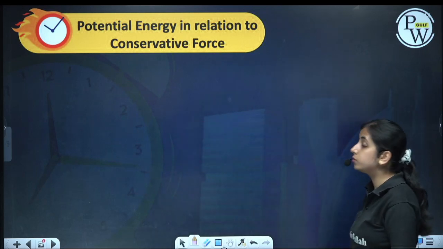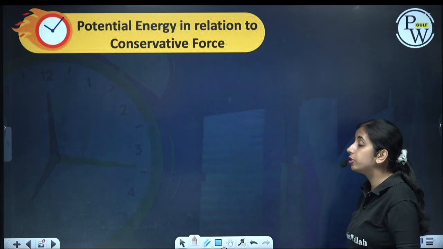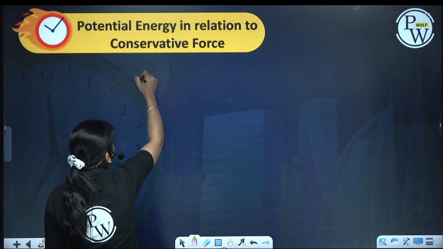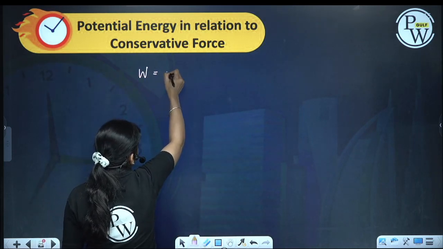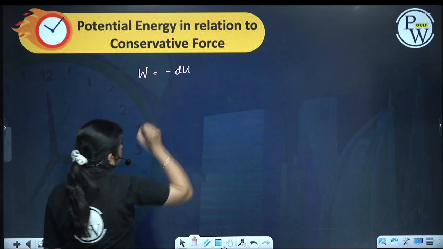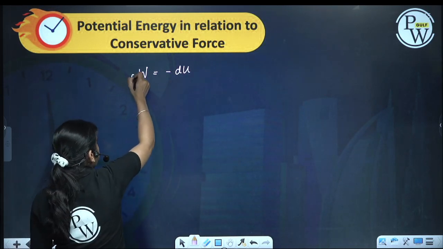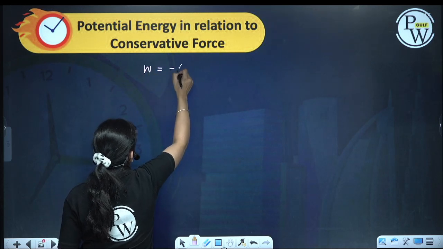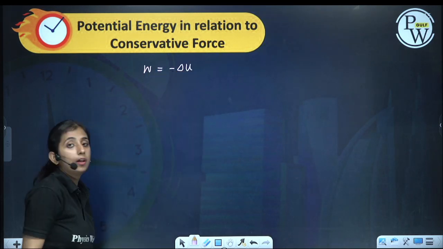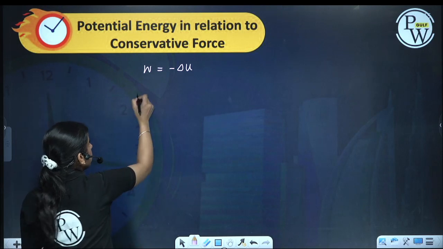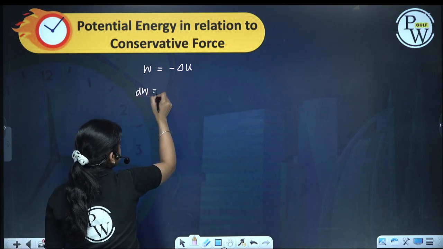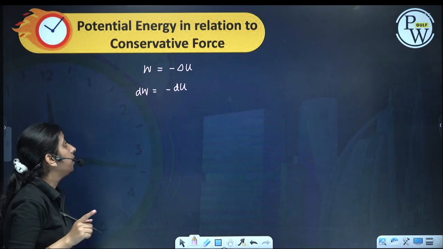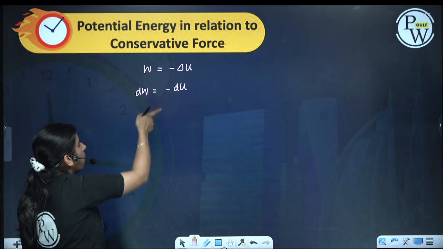Now let us move to potential energy in relation to conservative force. We just saw that work done by a conservative force is equal to the negative of the change in potential energy. If a small work is done, then there will be a small change in potential energy: dW is equal to minus dU.